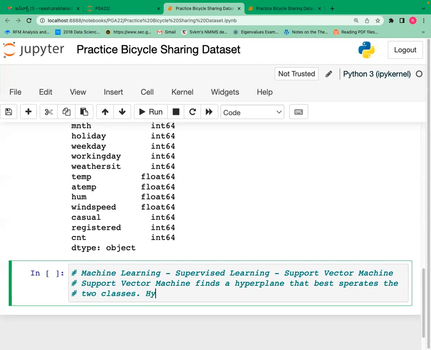The hyperplane maximizes the distance between two classes. The hyperplane maximizes the distance between two classes.